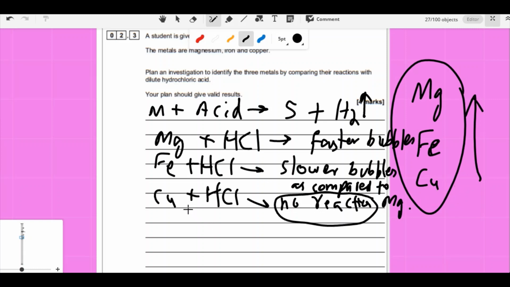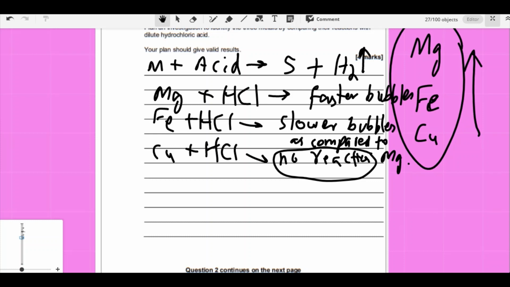So there will be no reaction and no bubble formation. That is our first comparison, the identification through the production of hydrogen gas. So we can easily identify that magnesium is the most reactive, then iron, while the least reactive is copper. So that is the first one.